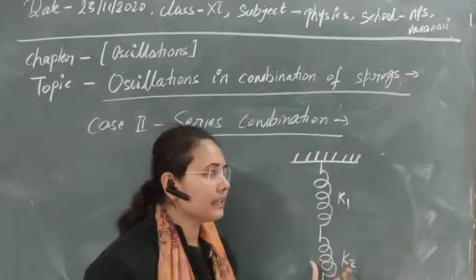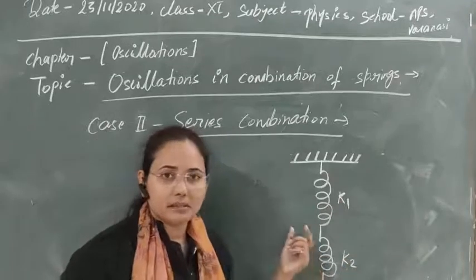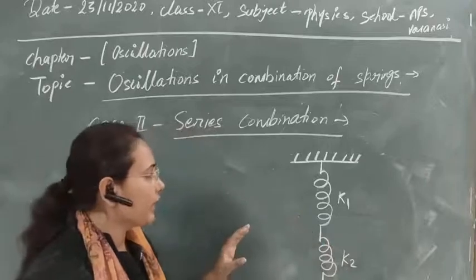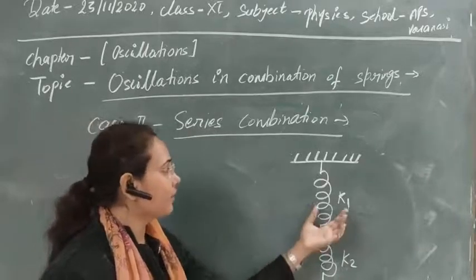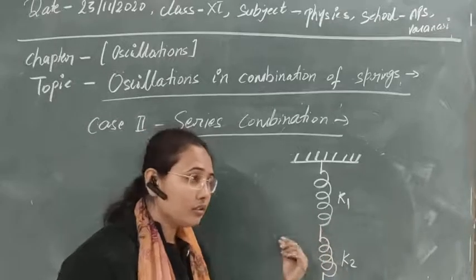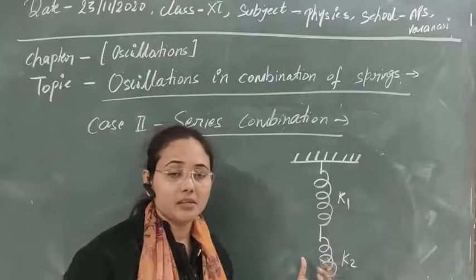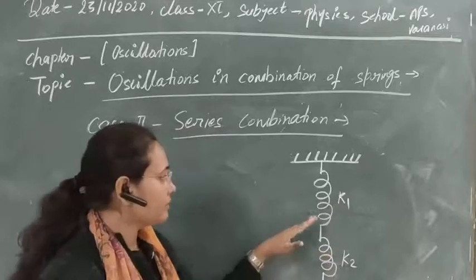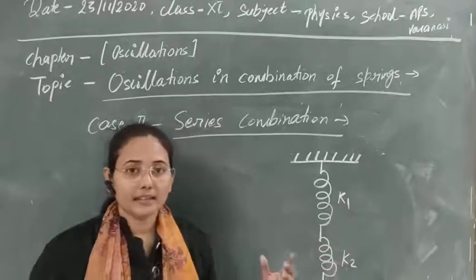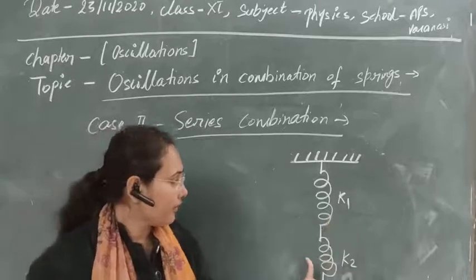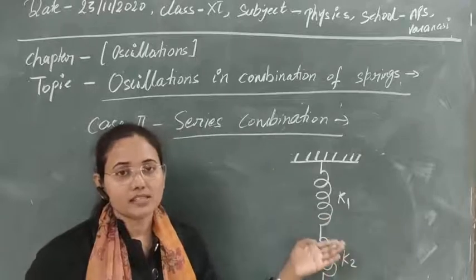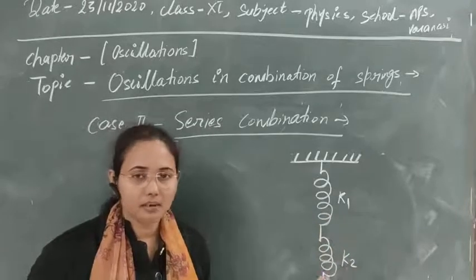Will some extension be produced in the system or not? As earlier, we have taken the condition that these springs are weightless, flexible and inextensible. If they are weightless, then there is no force acting to extend it. So when there is no mass attached, there will be no extension produced in the system of these springs.